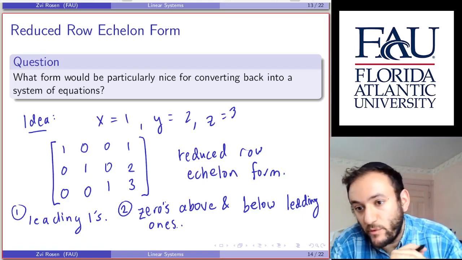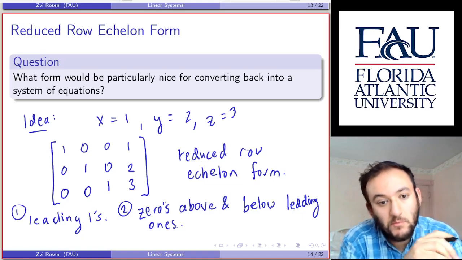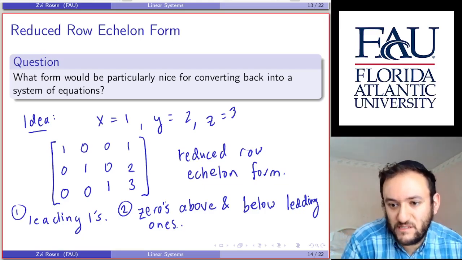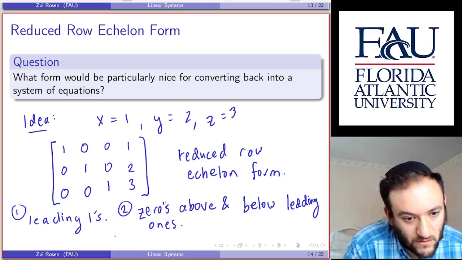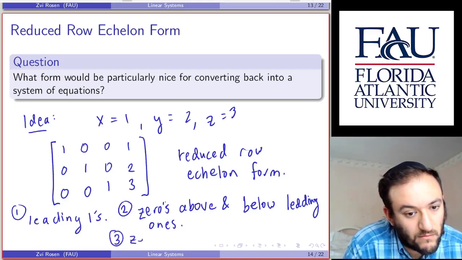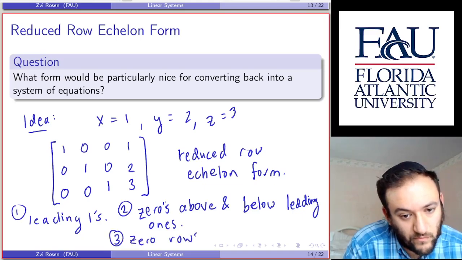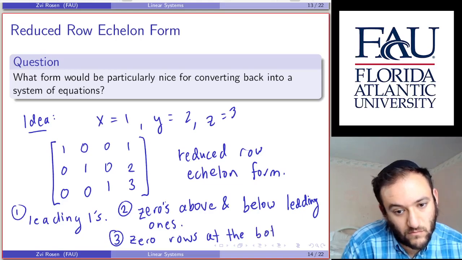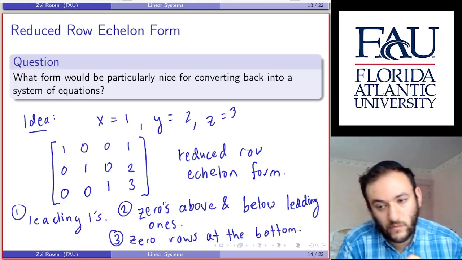In this example, we don't have any 0 rows. But if we did have 0 rows, we would want to be able to ignore them. So we would put 0 rows at the bottom.